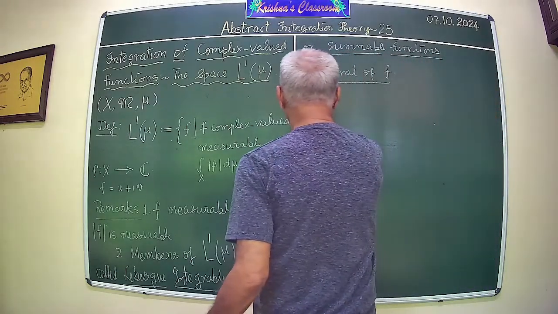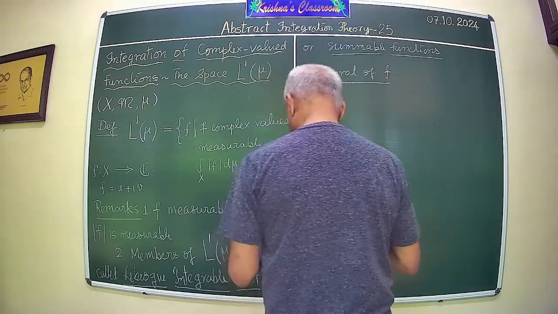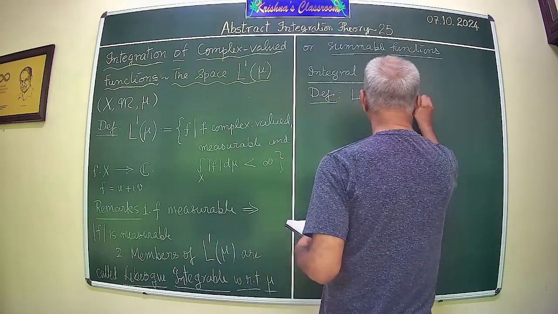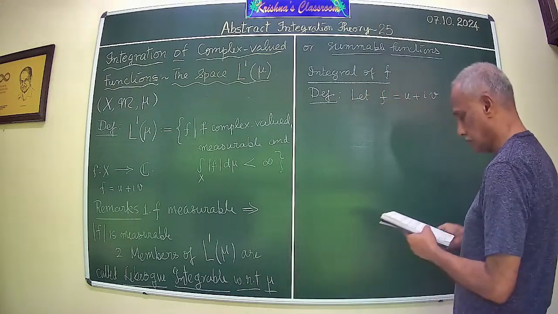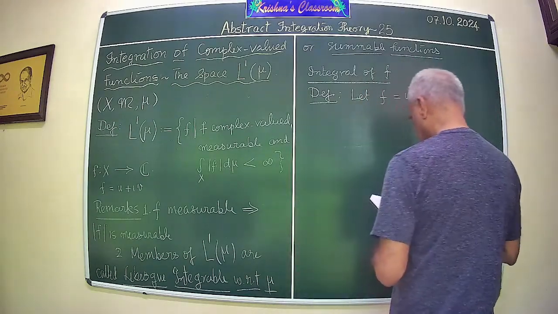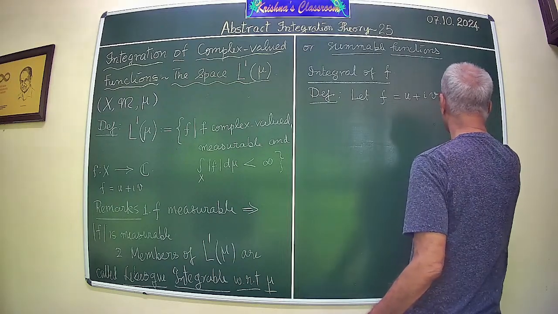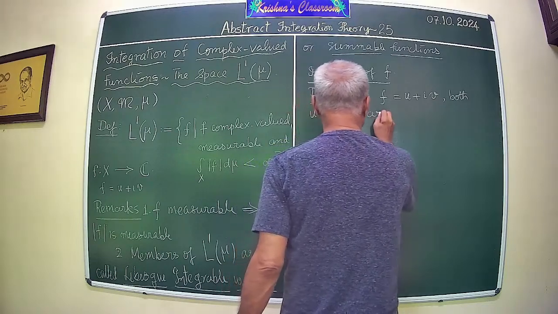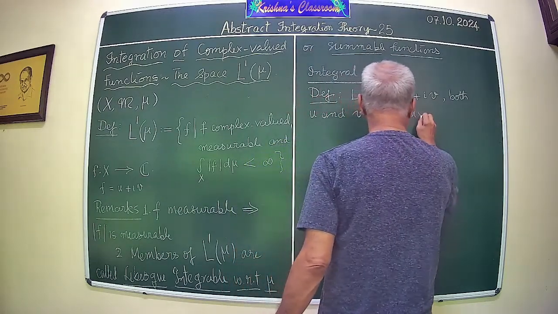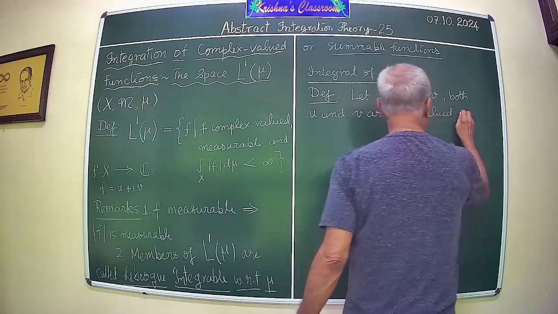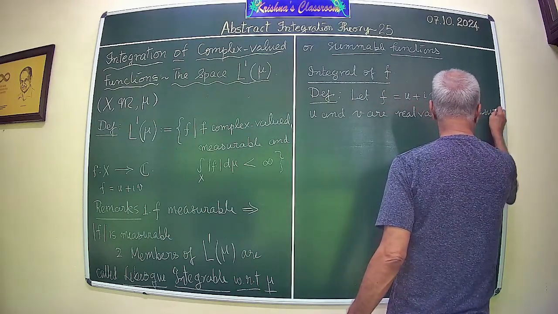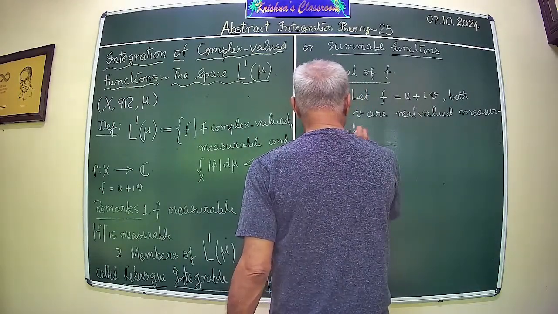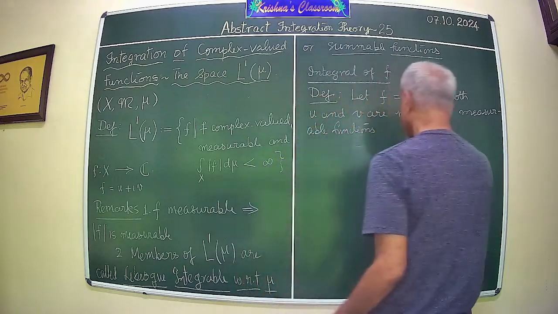Definition: let u and v, both real valued measurable functions, be the real and imaginary parts of f.